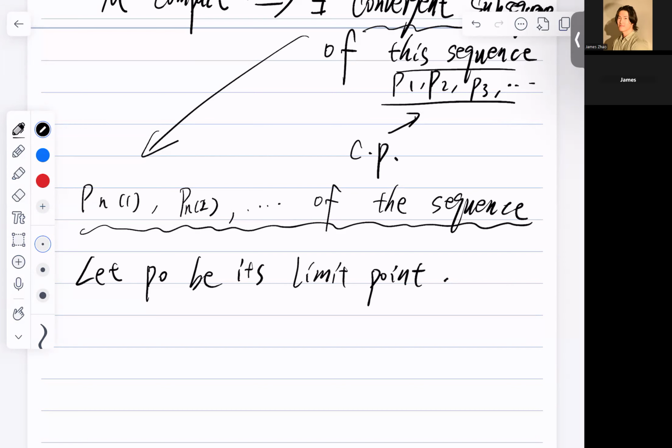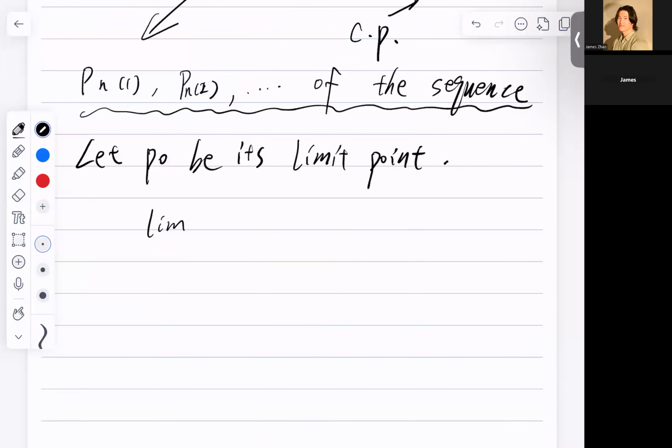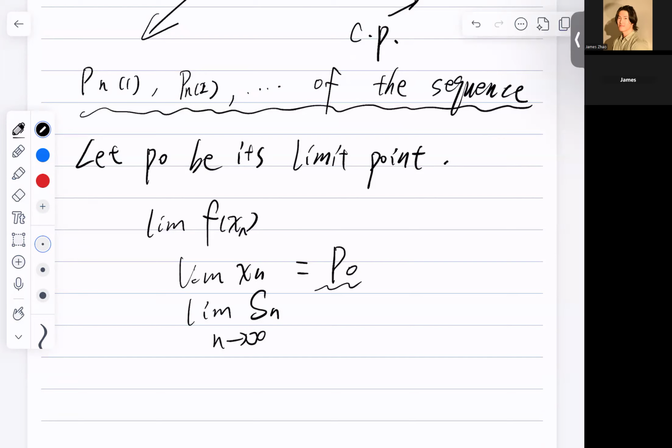You see a lot of people writing the limit of some function, f of x, or the limit of xn, or the limit of some sequence Sn as n goes to infinity, equals something. That something is the limit point, the point it's converging to.